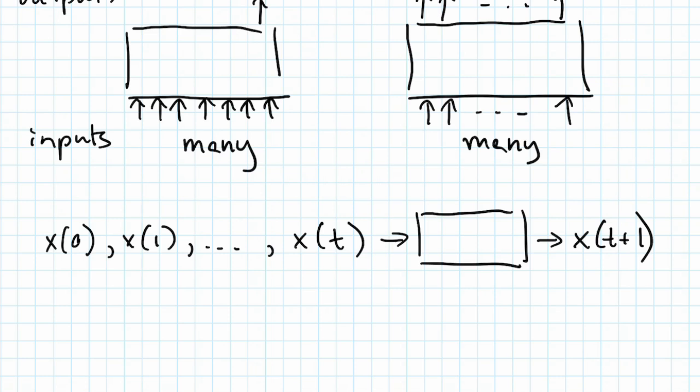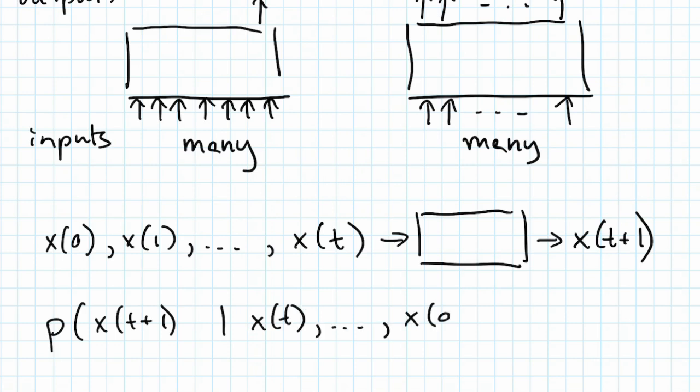Or another way to think of it is we're estimating this probability distribution, p of x of t plus 1, given x of t down to x of 0. Okay? So that's conceptually what we're trying to do.